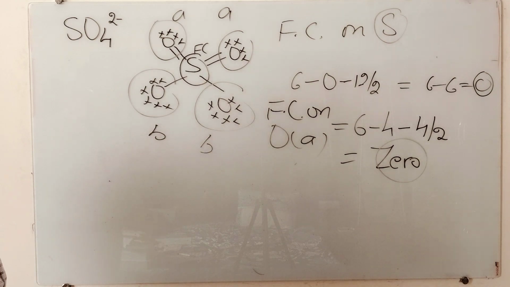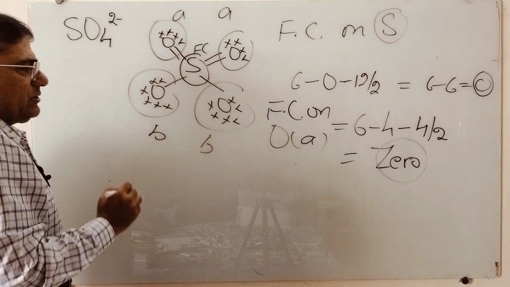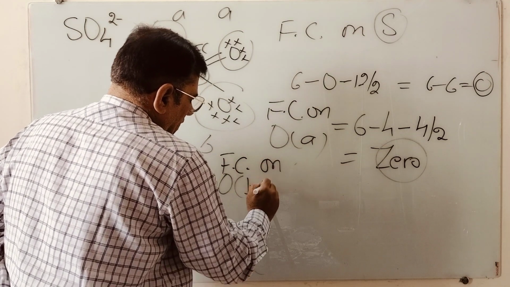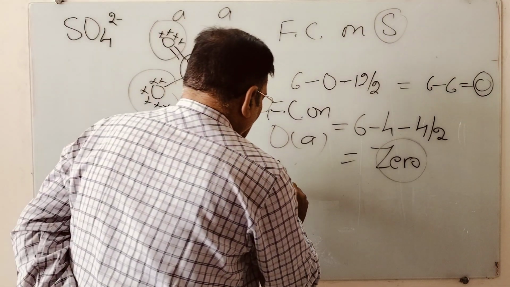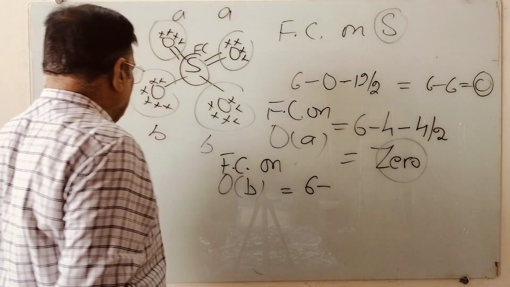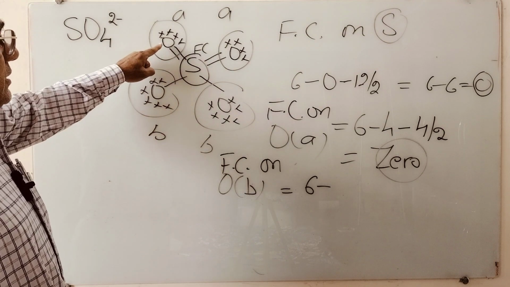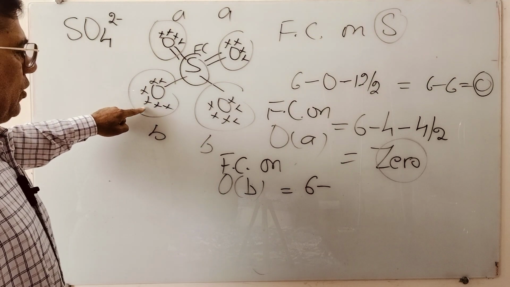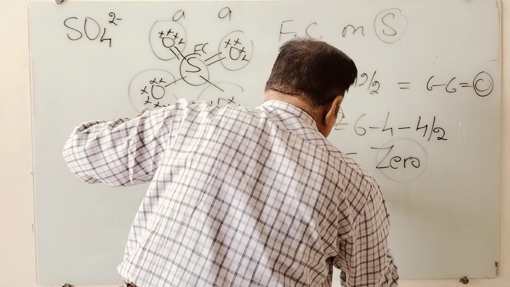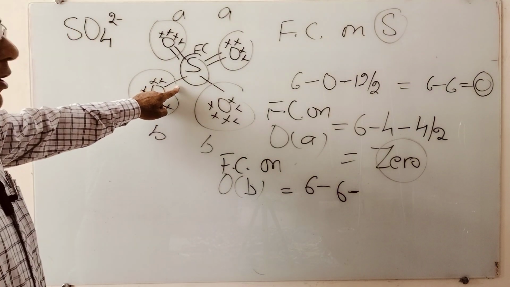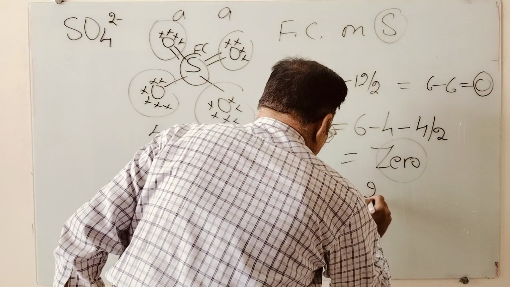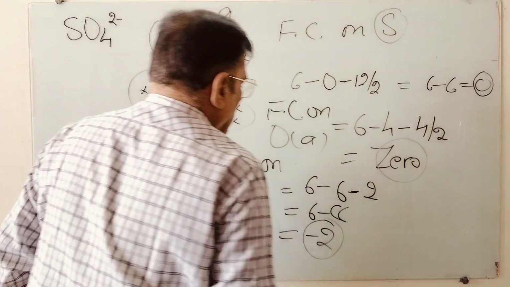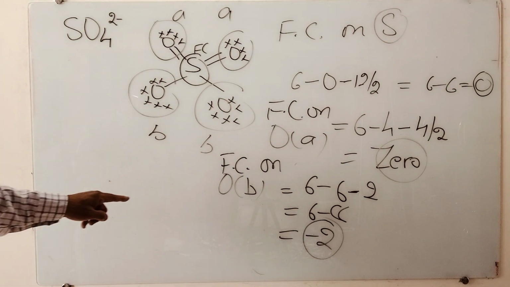Similarly, now I come to B oxygen atom; these are identical. Formal charge on oxygen B, right? What is valence electron? 6. Minus, now in the case of A there were 4 non-bonding electrons. Now you are looking, 3 lone pair means 6 non-bonding electron, right? Minus half the number of bonding electron, minus 2. So 6 minus 8, the formal charge is minus, I'm sorry, just look, I should repeat.